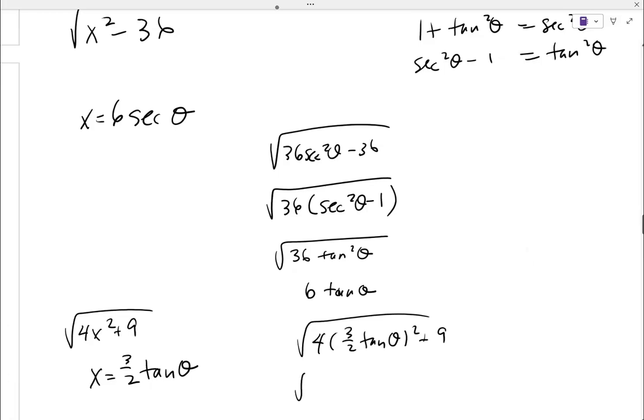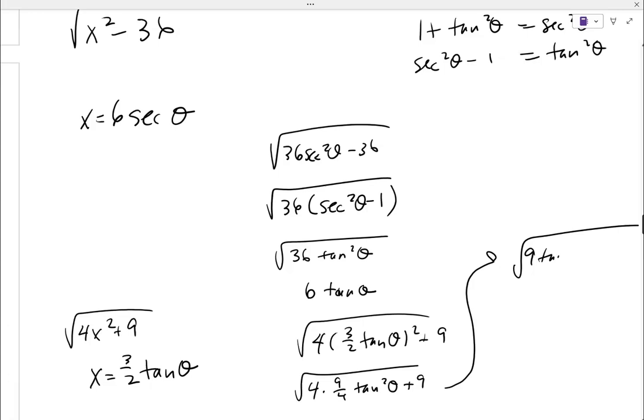So you'll get square root of 4 times 9/4 tangent squared theta plus 9. Again, the whole reason why we have to do the constant adjustment is because I need to factor off the constant that's at the end there.